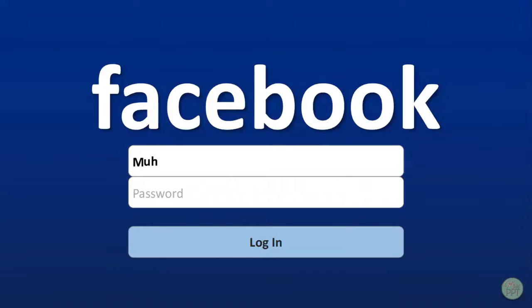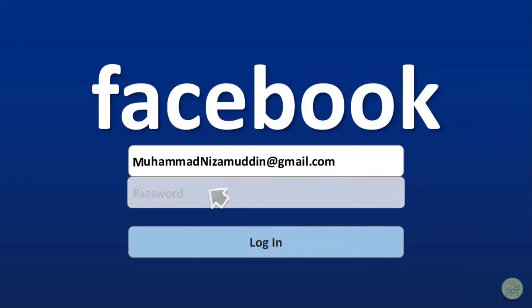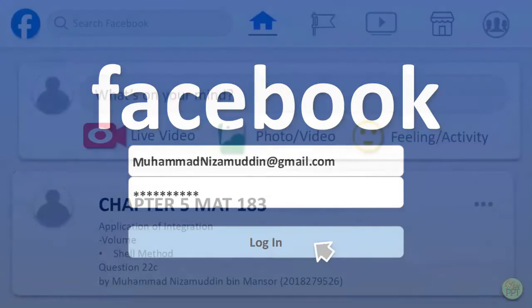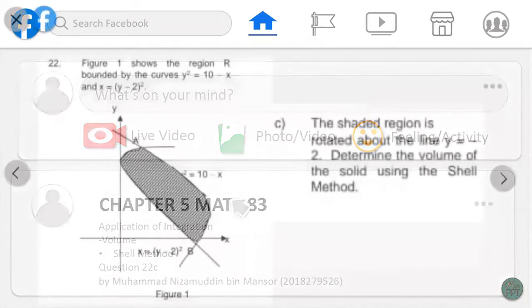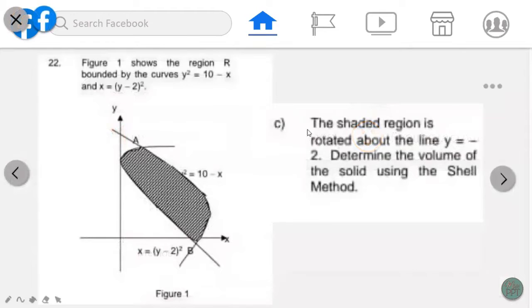As we know, Muaz has shown the solution of question 22A and B, and it's my turn to make a solution for question 22C. As the question states, the shaded region is rotated about the line y equal to -2.